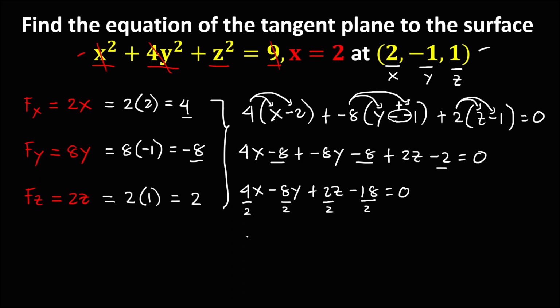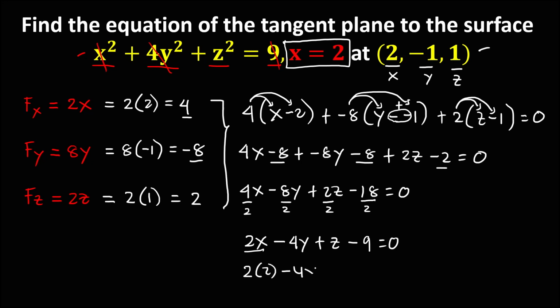So this 4x divided by 2 is 2x. Then minus 8 divided by 2 is 4y. Then plus 2z divided by 2 is z. Then minus 18 divided by 2 equals 9. Then equals 0. Then this time, since x is equal to positive 2, this 2x becomes 2 times 2, then minus 4y plus z minus 9 equals 0.